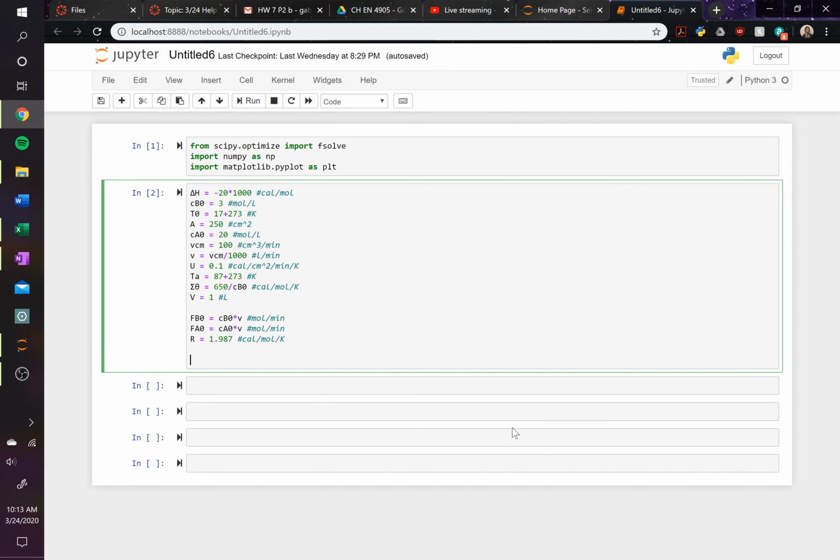All the proper conversions have been made. So let's start with the energy balance. Since we were able to directly solve for this, we can use a simplified version of a function, and it's just this lambda notation. So when you say lambda, it's going to assume it's a function, and then the next value you put is the independent variable, in our case T.